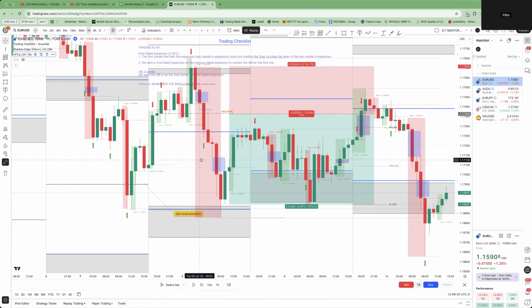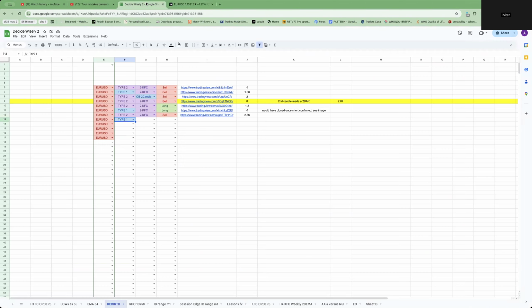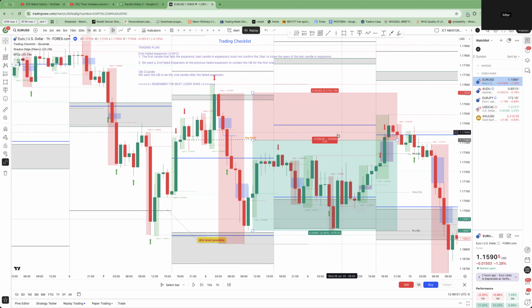Isn't that amazing? Maybe this might have taken us out, but I will show you what I'm trying to say. Might have taken us out. Let's first drop this one. So type 1, this is a K12, this is a sell, this is a 1.91, I believe. It peaked on the second day.